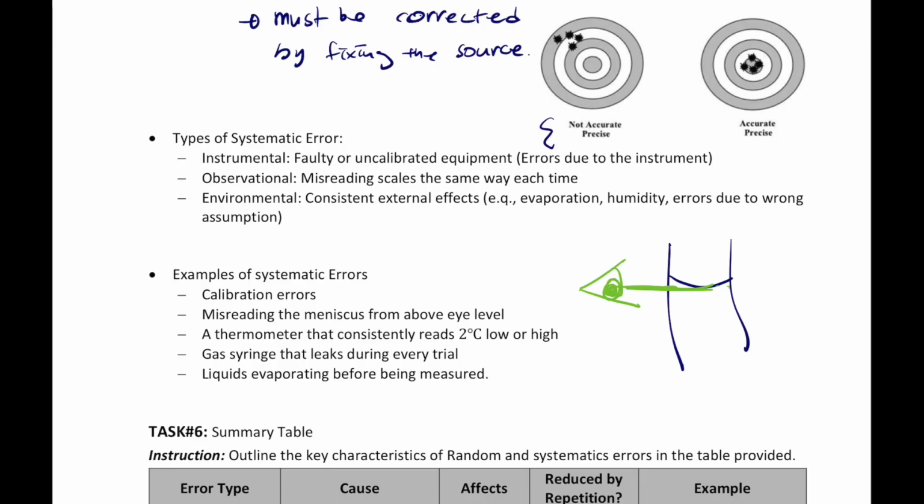A thermometer that consistently reads 2 degrees Celsius low or high can be a systemic error. A gas syringe that leaks during the experiment is also a systemic error. And liquid evaporating before being measured is also considered a systemic error.